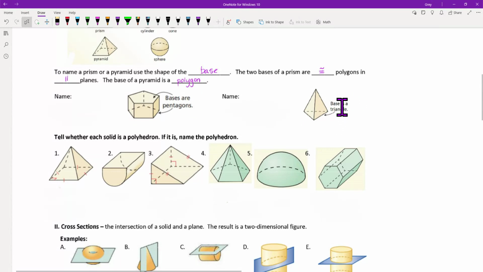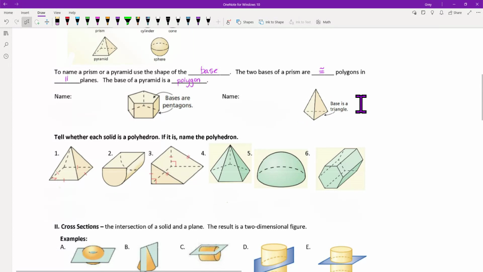A pyramid, on the other hand, has just one base, but all of its faces are triangles, and it comes up to a point. So in a prism we have congruent bases, our top and bottom, if you wish to think about it, and then the lateral surface area, which is on the sides, are always rectangles. In a pyramid, the bottom is whatever shape it is, but the lateral area this time is always triangles.